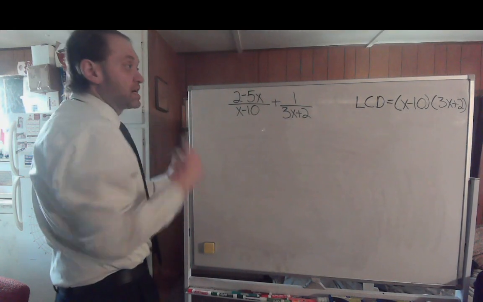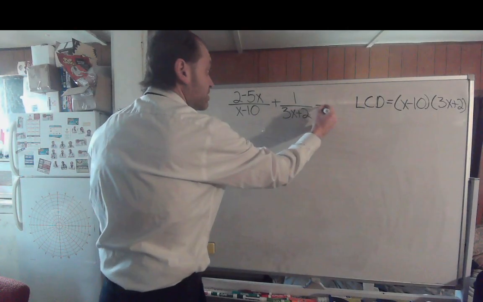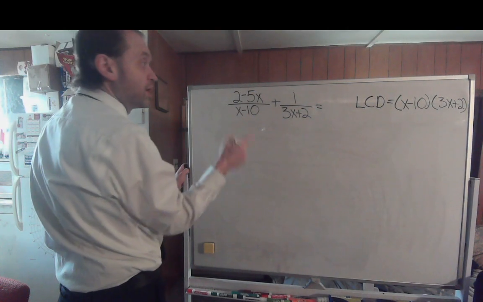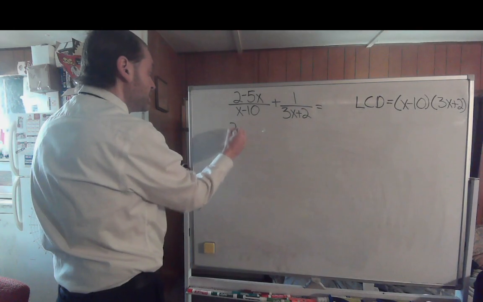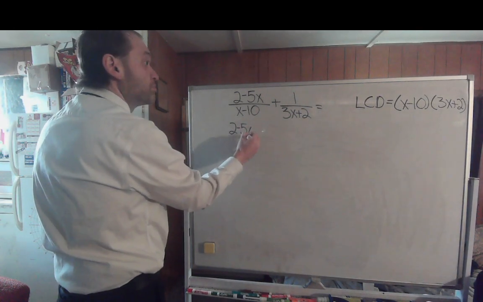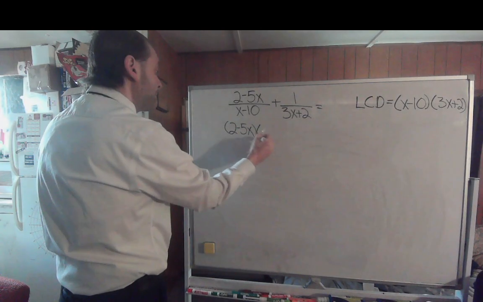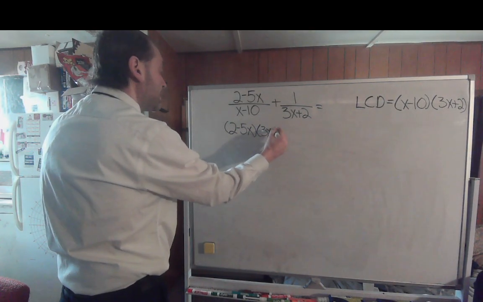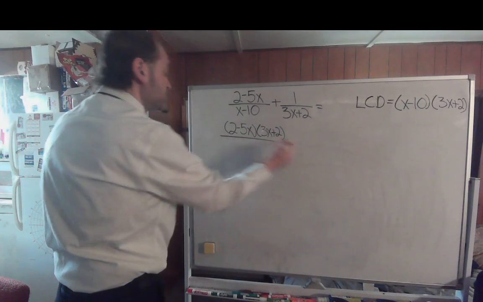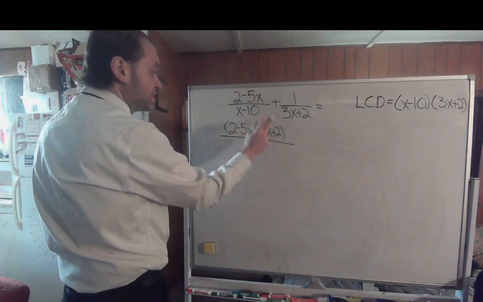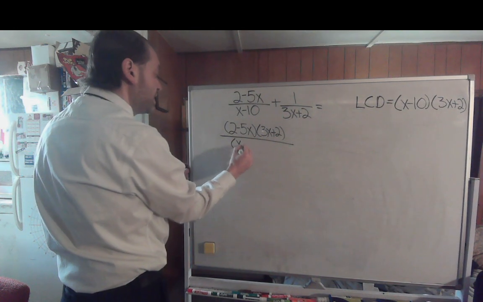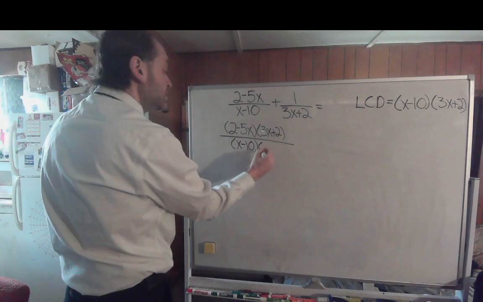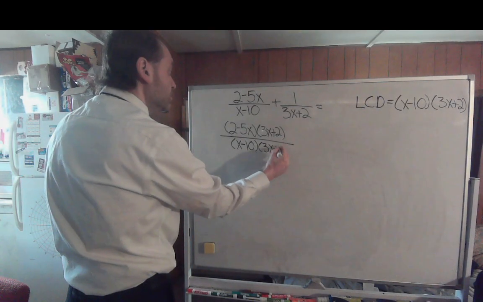So in order to get the common denominator on the first term, you're going to have to multiply both numerator and denominator by 3x plus 2. So this would turn into (2 minus 5x) times (3x plus 2) over (x minus 10) times (3x plus 2).